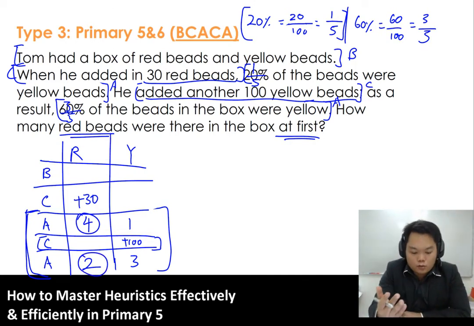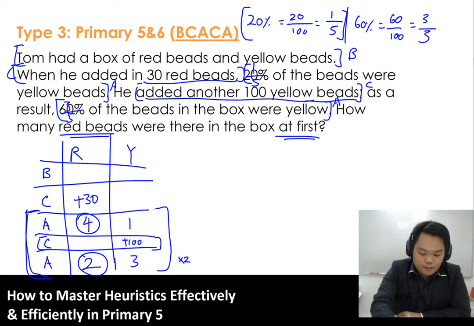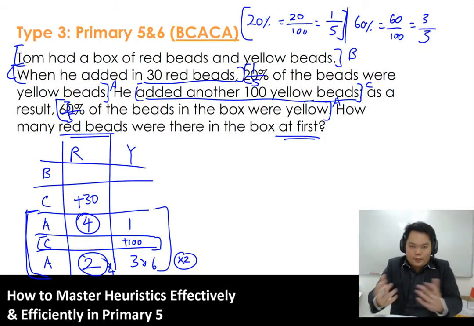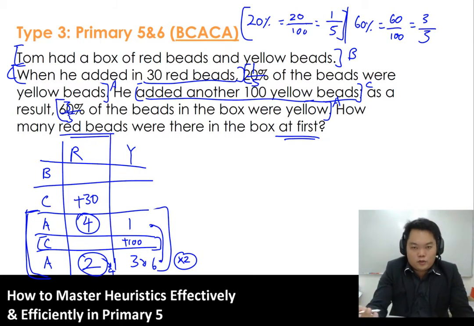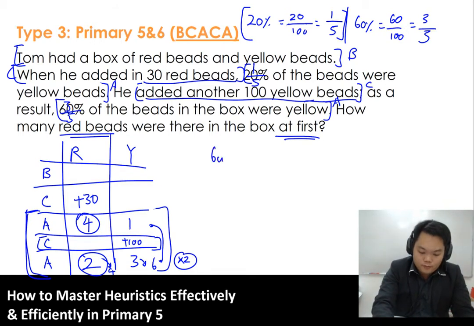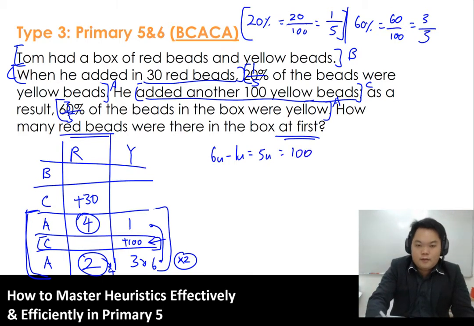We say that these 2 are equal, make them the same, multiply this by 2, this becomes 4, this becomes 6. And then we observe that from 1 unit up to 6 units, there was a change of 5 units, which is this 100 over here. Then 1 unit must be 100 divided by 5 to give you 20.